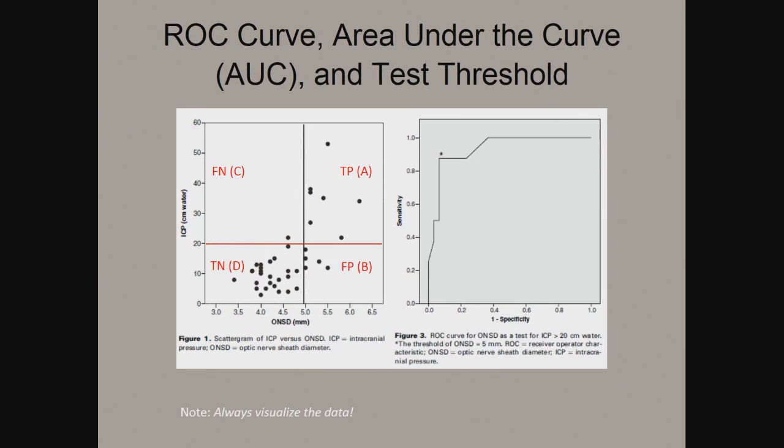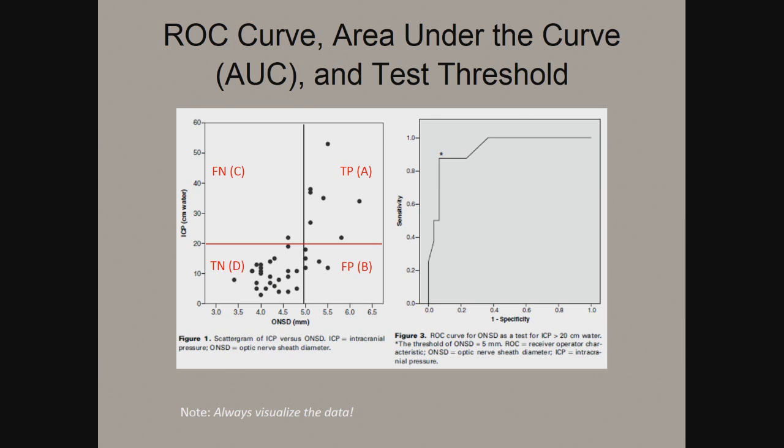And the way the curve is defined is, first of all, you have whether you have disease or not, and that's the horizontal line. So opening pressure greater than 20 means you have disease. Opening pressure less than 20, don't have disease. And then you, the clinical investigator, choose the vertical line, which tells you whether you test positive or negative.